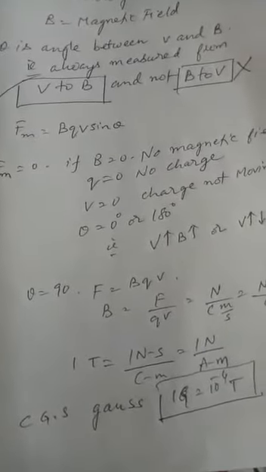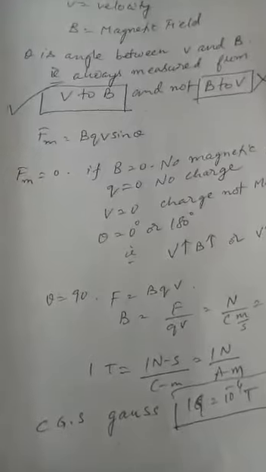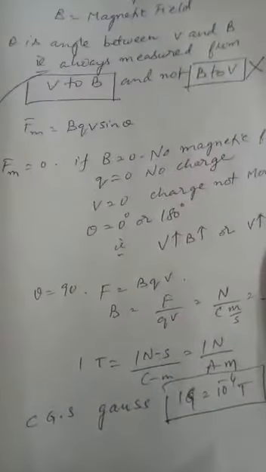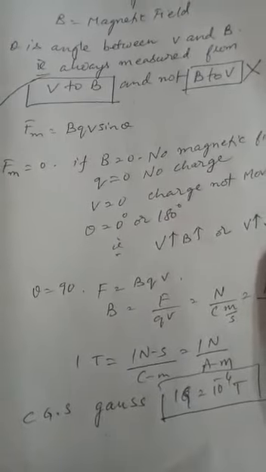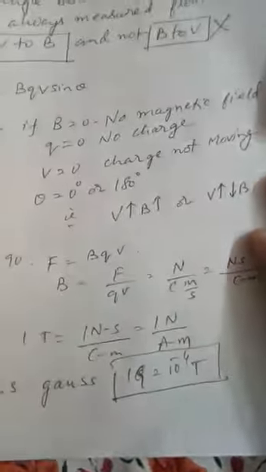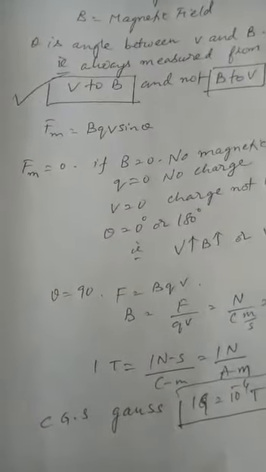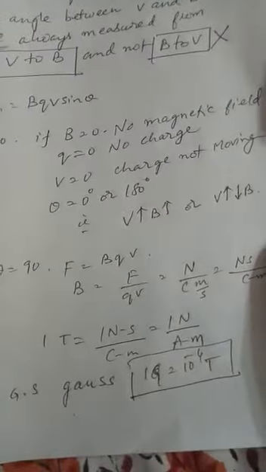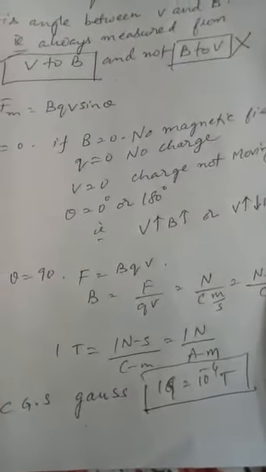There is another unit called Gauss. Gauss was another scientist. This is a CGS unit, and there is an interrelationship: 1 Gauss is equal to 10 power minus 4 Tesla. In many problems they will use this unit Gauss. Always remember this particular conversion. It is very, very important.